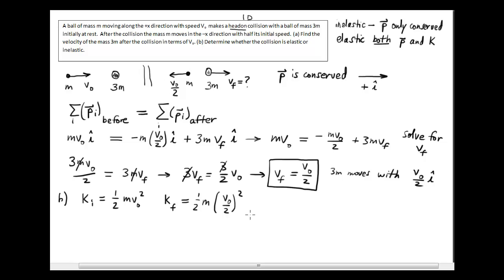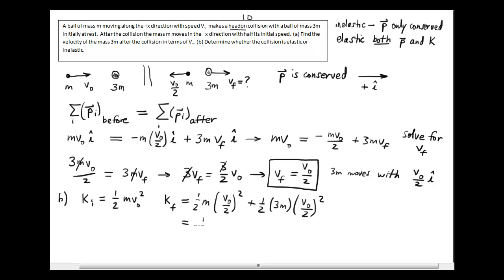Now mass 3m has a kinetic energy, so it's plus 1/2. Now be careful here. The mass is 3m, so it's 1/2 the mass times the speed, v final squared, and we know that v final is v0 over 2. So it's v0 over 2 squared. And let's simplify this expression for the final kinetic energy. So 1/2 times, and then what I have inside the parentheses is a 1/2 squared, which gives me a 1/4.